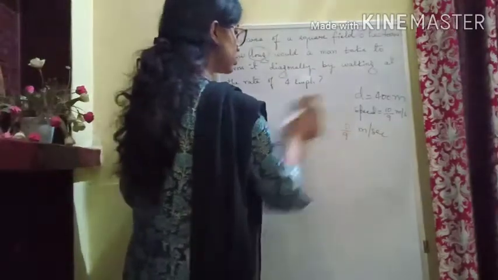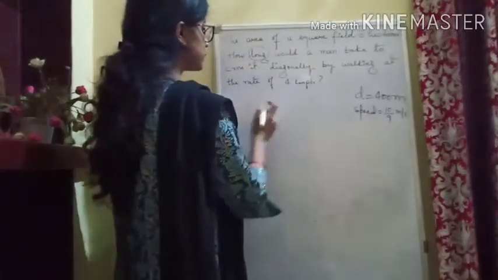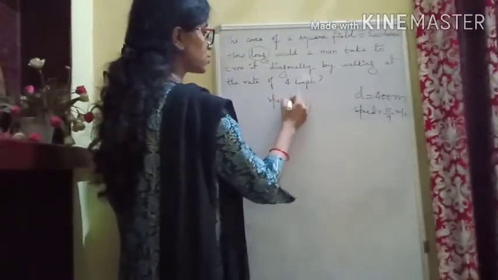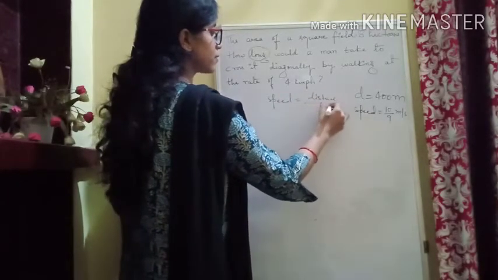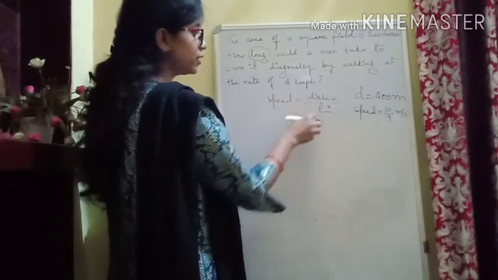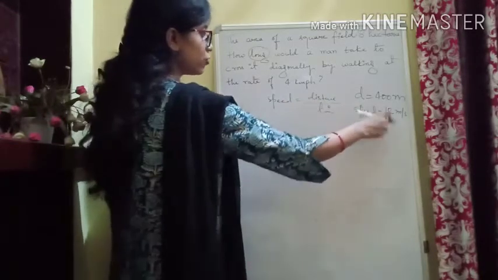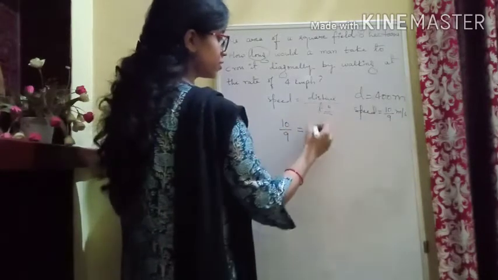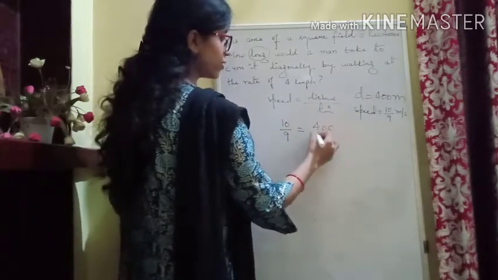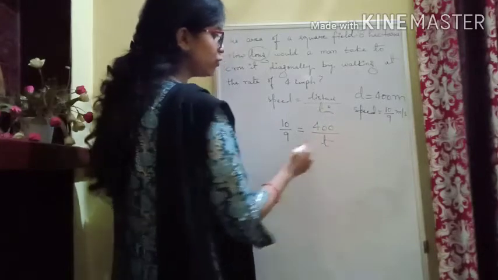Now we know the speed distance formula: speed is equal to distance upon time. We have to calculate the time. That means speed is given 10/9, distance he is covering 400, divided by time we have to calculate.